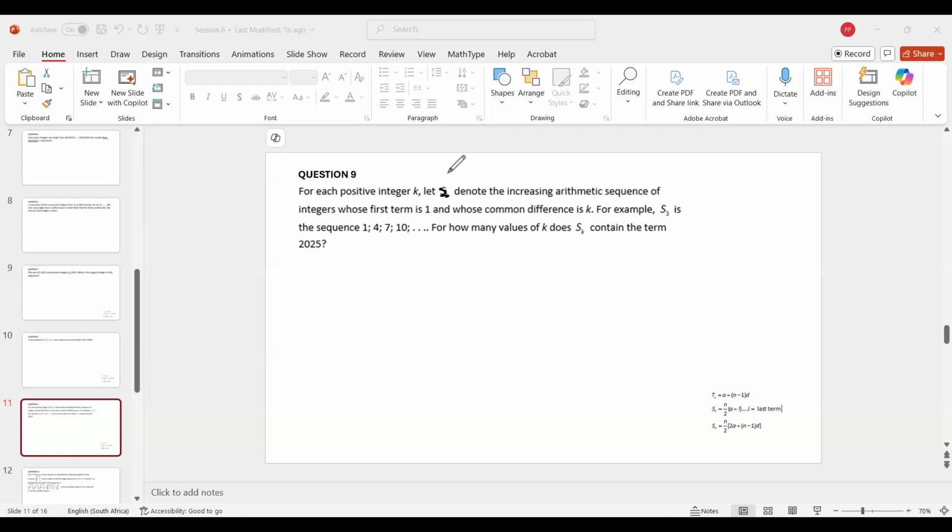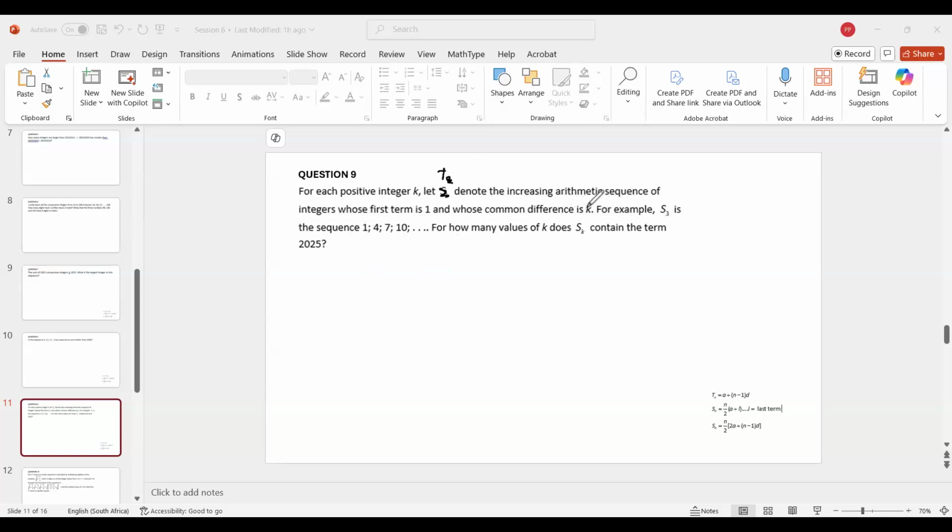So let's just call this tk. Let tk denote the increasing arithmetic sequence of integers whose first term is 1. Or maybe this sk is a sequence. Let's not worry about the terms.